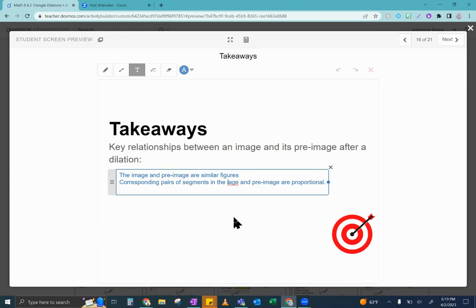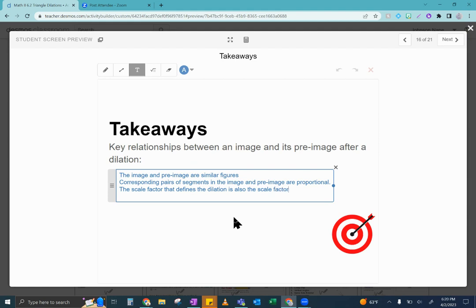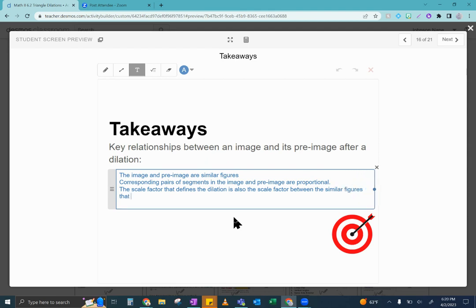And the scale factor that defines the dilation is also the scale factor between the similar figures that result from that dilation.